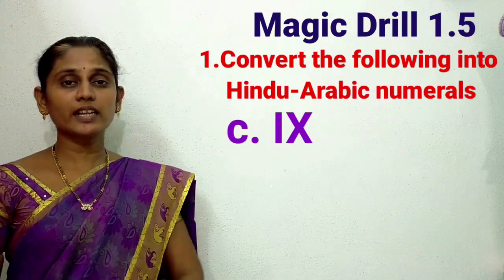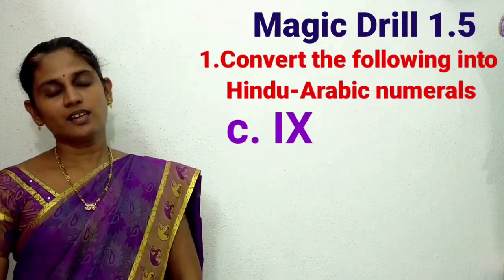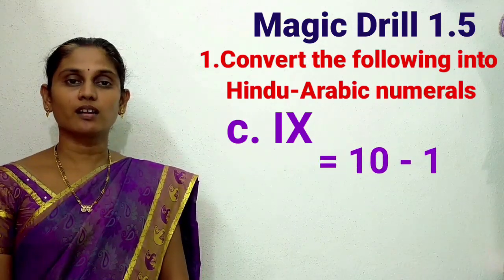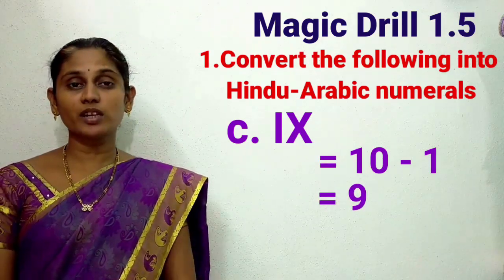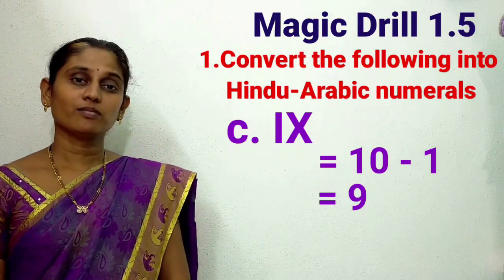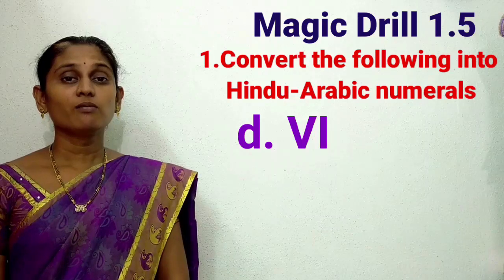Here, which is the greater numeral? X. What is the value of X? 10. Then subtract 10 minus 1. That is 9. So, the Hindu-Arabic numeral of IX is 9.